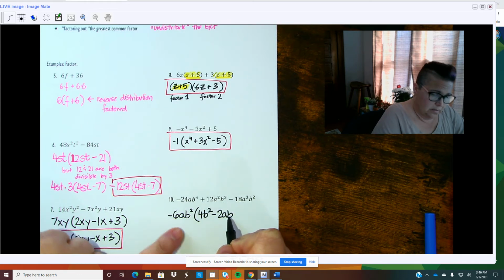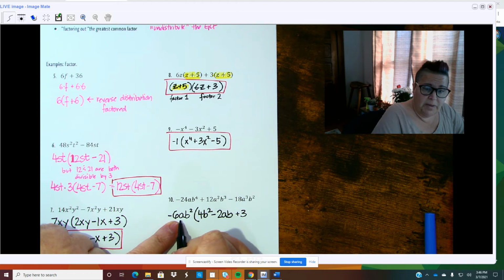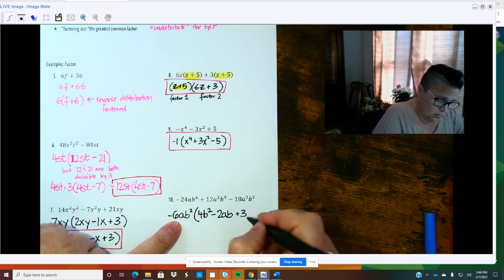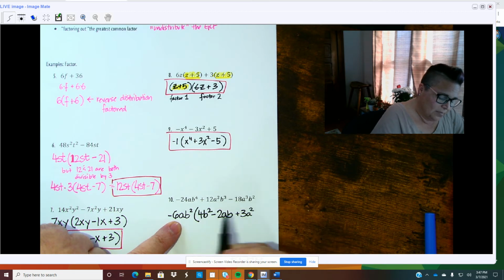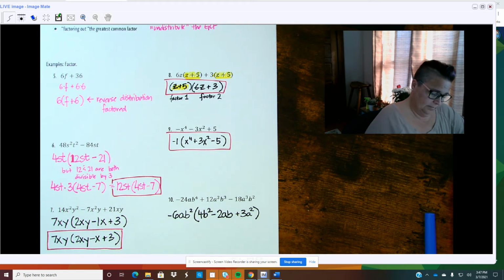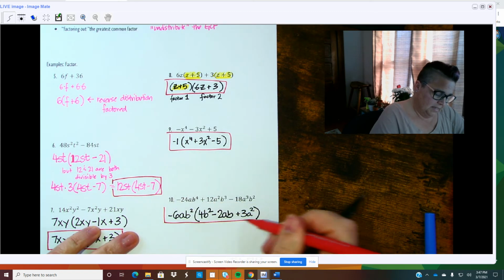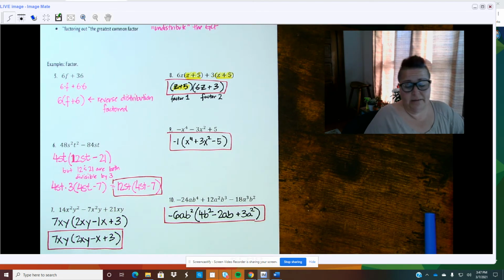I need another B. Now I've got a negative 18 divided by a negative 6. That is a plus 3. What do I multiply an A squared by to get an A cubed? That's an A squared. And B, to get a B squared, is just a 1, so I will leave it. Negative 6AB squared times. All right.